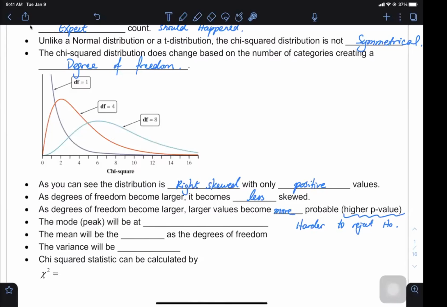So for more degrees of freedom, larger values become more probable, which means a higher p-value, which means it's harder to reject H0, which means lower power and a higher type 2 error. This means the distribution is less accurate for a higher degree of freedom.